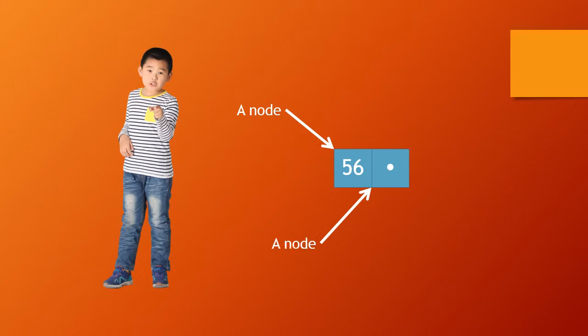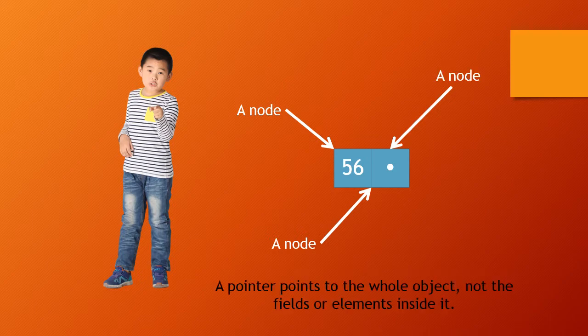I am pointing to the node. Or if I place the arrow here, I am not pointing to the next field. I am pointing to the node itself as a whole. So this brings us to this conclusion. A pointer points to the whole object, not the fields or elements inside it.